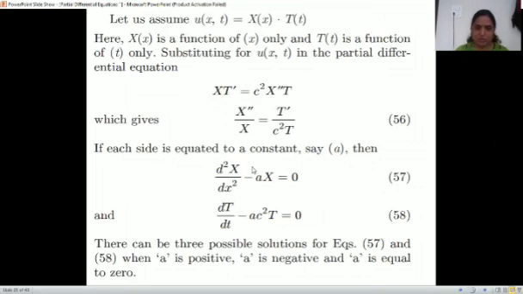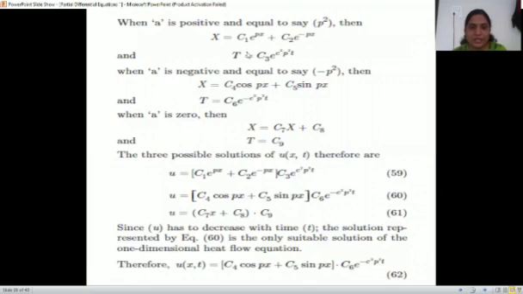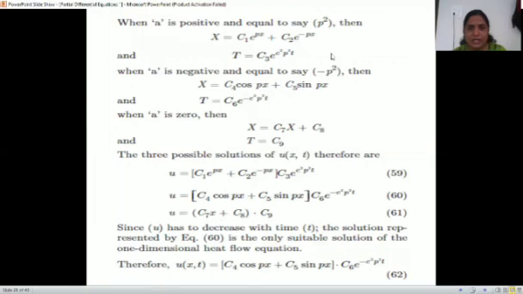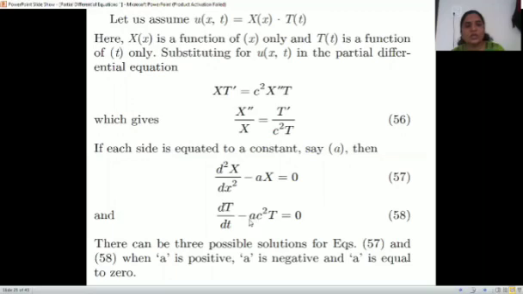So D is equal to plus minus p. Roots are real and different, so we can write X equals c1 e raised to px plus c2 e raised to minus px. And for t, we are taking a as p square, remember positive p square, that is D minus p square c square. So what is the value?